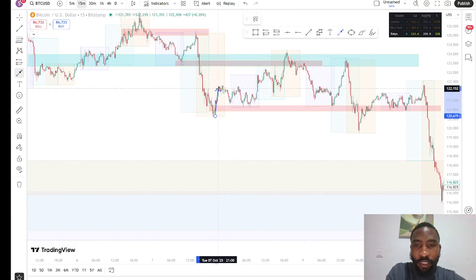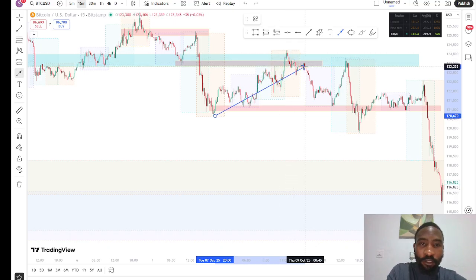It's creating a new higher high, higher low, higher high, higher low, higher high, and it's still creating until the market starts shifting the momentum from buying momentum to sellers momentum. This is when you start thinking about selling.